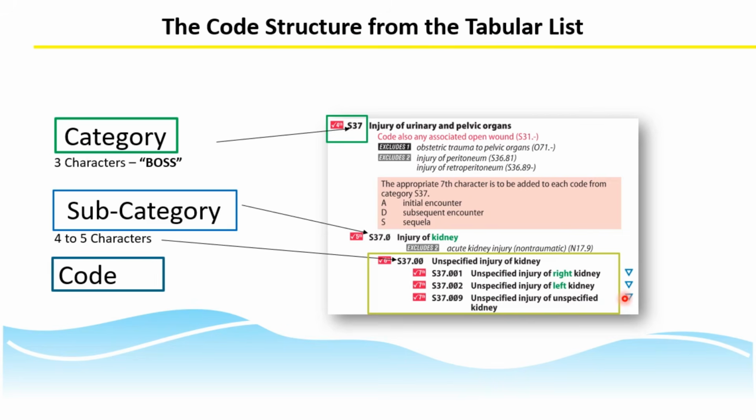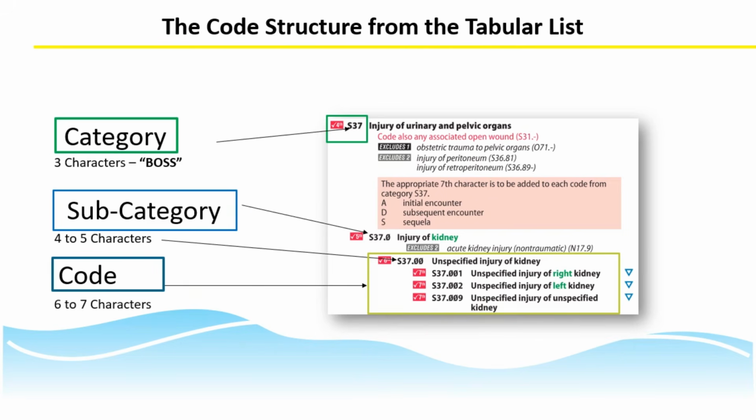Laterality means the side of the body where the injury is. So 001 deals with the right kidney, 002 the left kidney, and 009 means that the side of the body was not specified. All right, so don't forget codes are 6 to 7 characters.